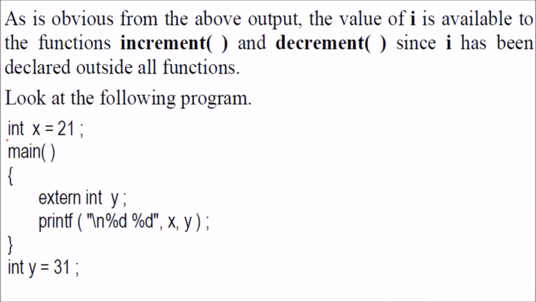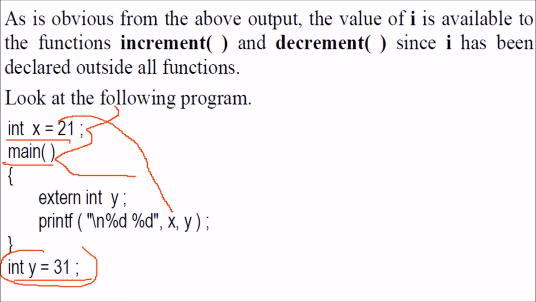Now see, int x equal to 21 here and this int y is equal to 31. This x is here, but since this is given after this main, when the compiler actually transfers control, first it will go here, then here, and then it will encounter y. But y, if it is not given extern int y, if this line is not given, it will give an error. Why?